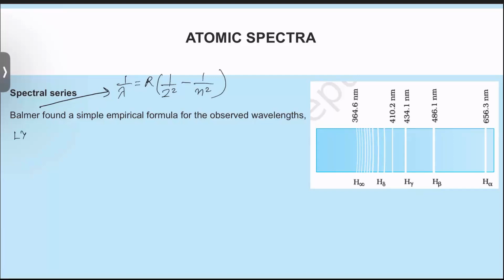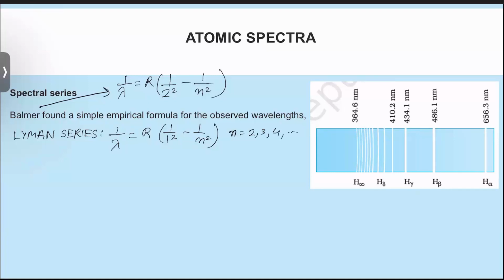Now for the Lyman series, we have 1 by lambda is equal to R into 1 upon 1 square minus 1 upon n square. Over here, n starts from 2 and then goes 2, 3, 4.